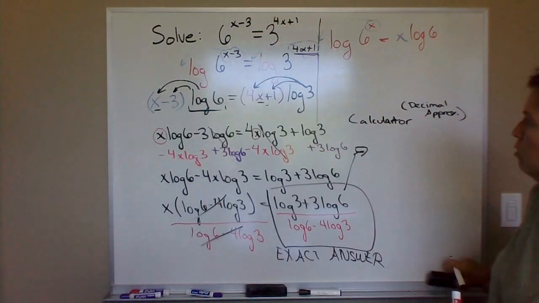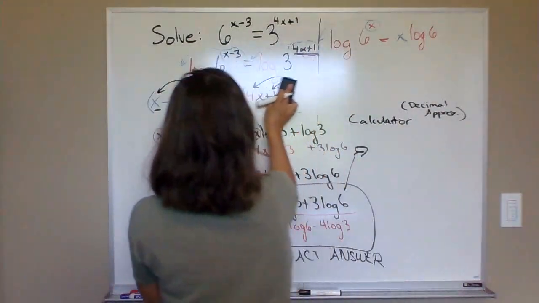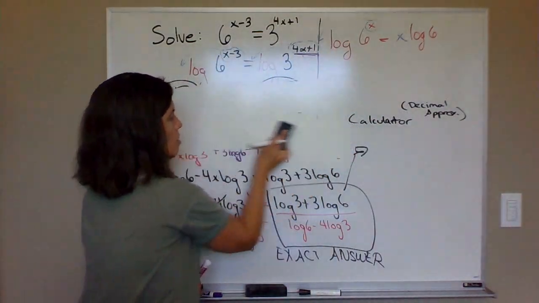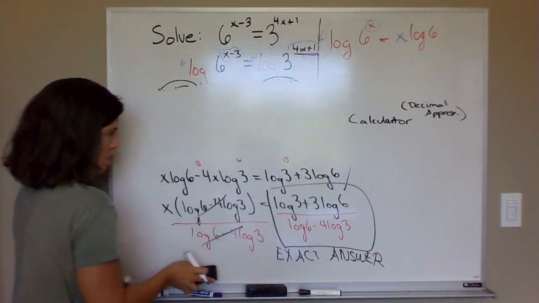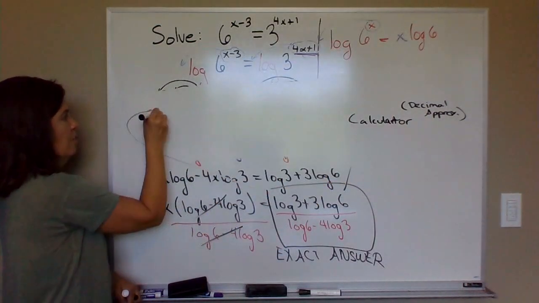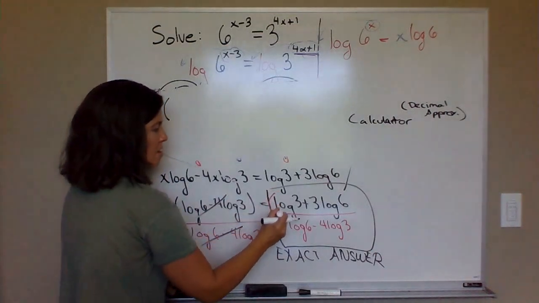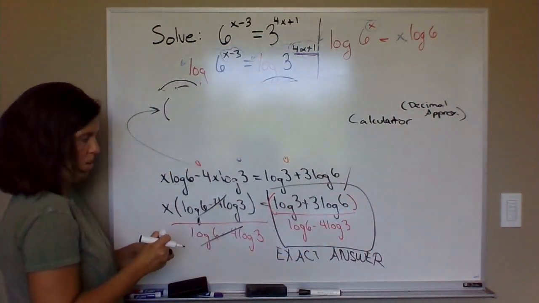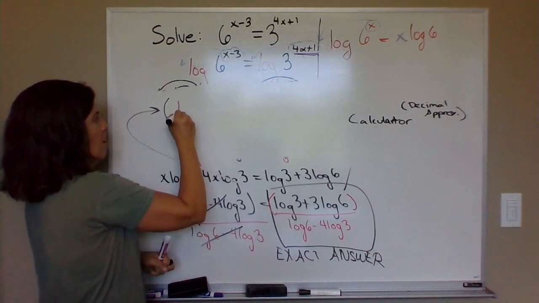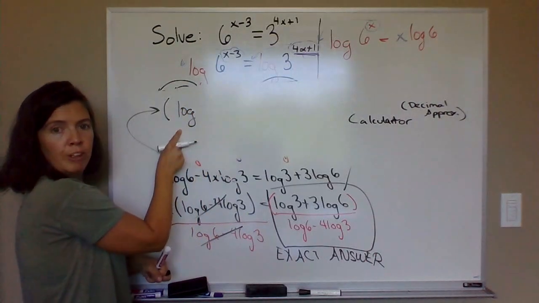I want to enter this all in one line to show you guys. We're going to need to open a parentheses. We got to tell it that this whole thing is the numerator. So parentheses, log.